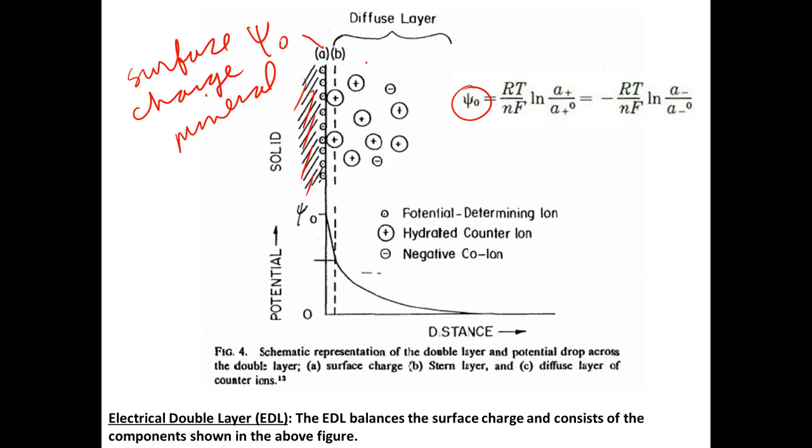There's a diffuse layer of ions that exist in solution that will be needed to neutralize that surface charge, chi naught. And these ions in solution are typically called counter ions, or potential determining ions. There's different components to this diagram.